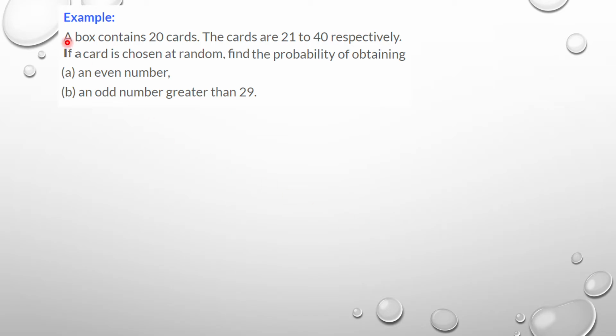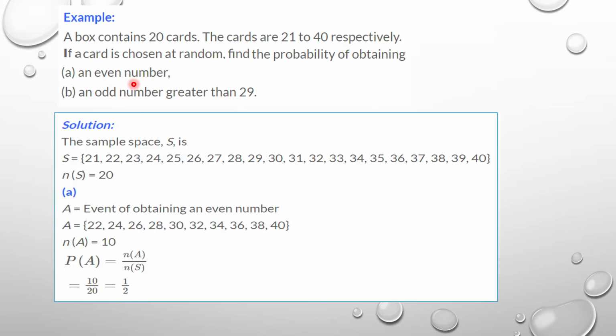Now let's look at the example given. A box contains 20 cards. The cards are numbered 21 to 40 respectively. If a card is chosen at random, find the probability of obtaining an even number. So what we can do is we can list out the sample space.